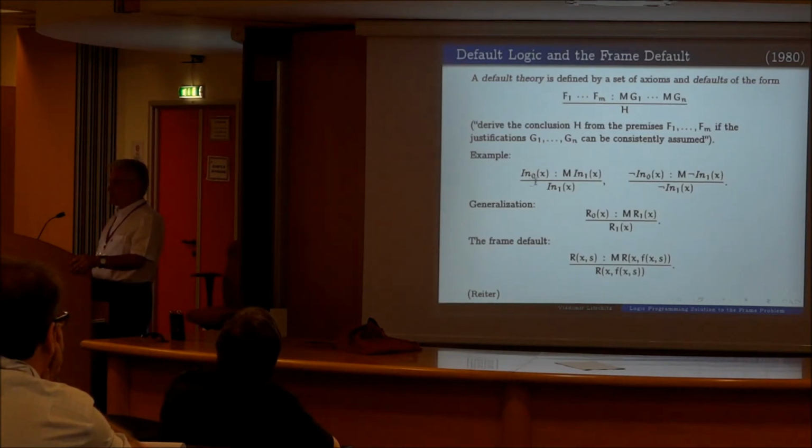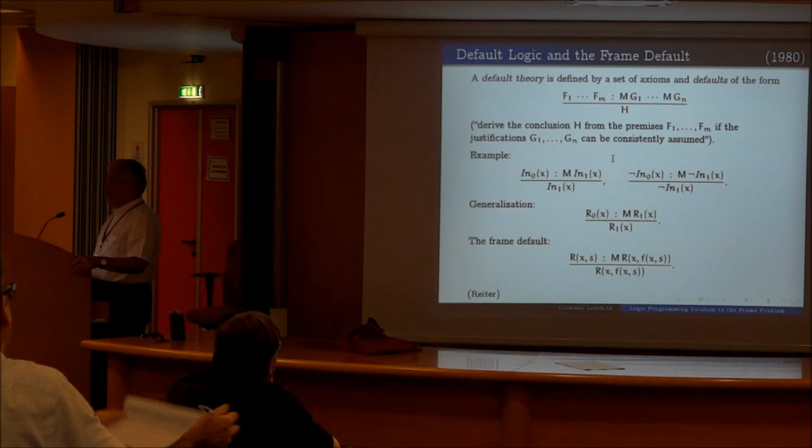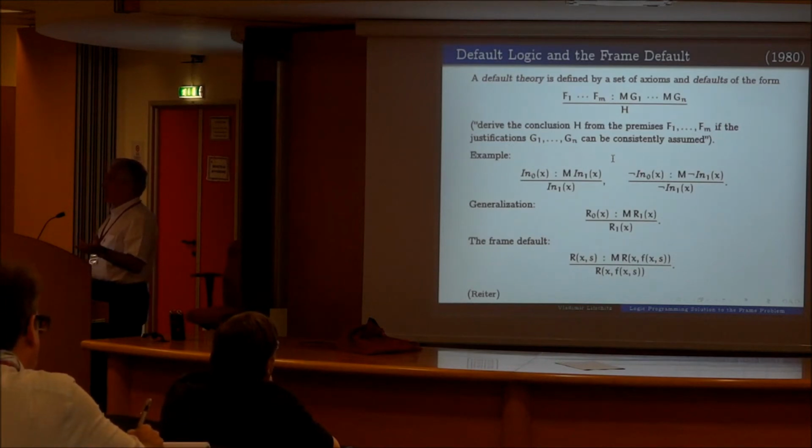The first default says, from the assumption that x is in the room at time 0, you can derive that x is in the room at time 1 if this can be consistently assumed. If the action that was performed between time 0 and 1 affected the location of x, that could be an exception to this default. But by default, if there's no contradiction, we can assume that x is still in the room.